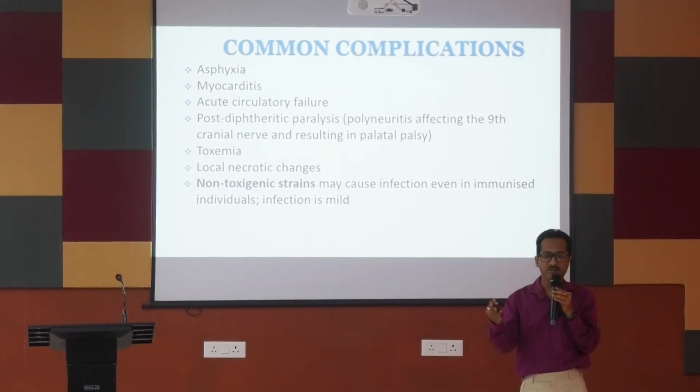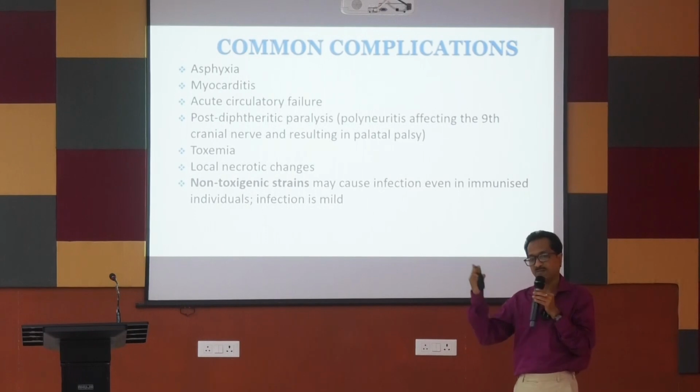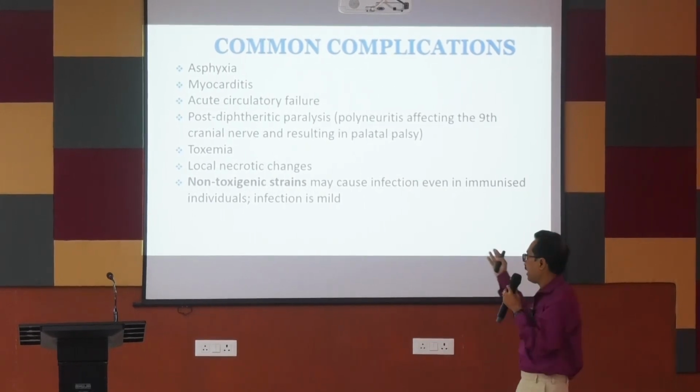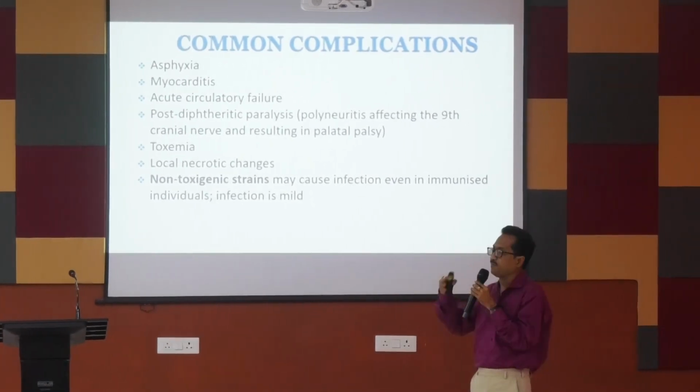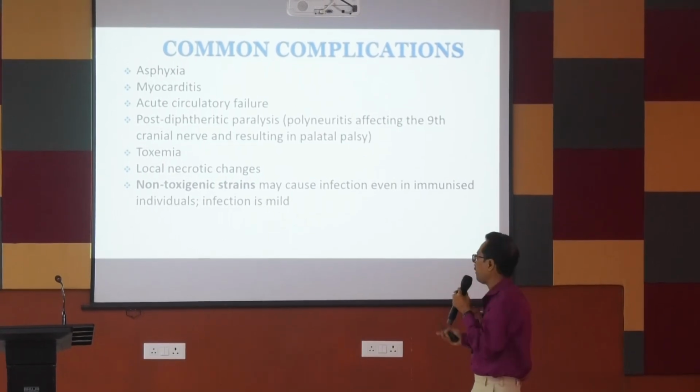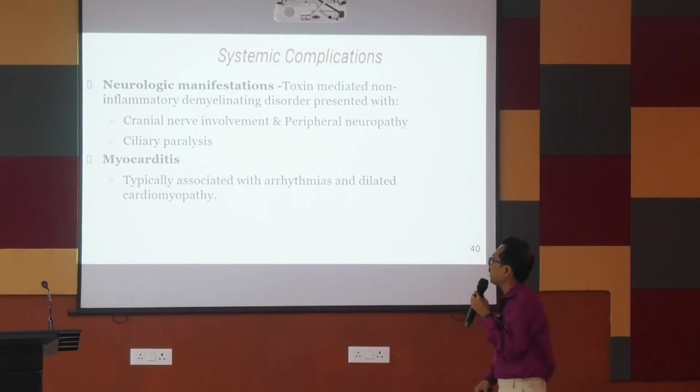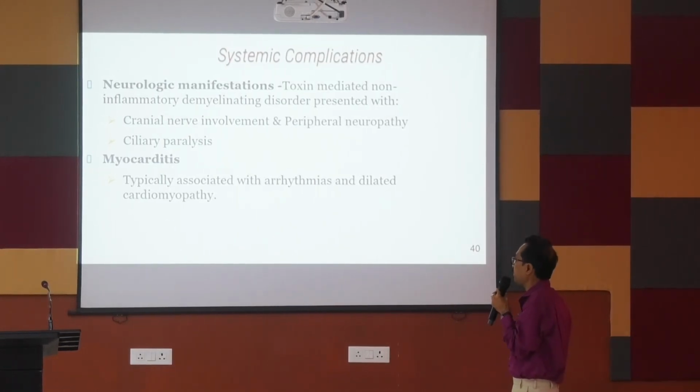There may be other organ involvement, myocarditis, and neurological complications, which can involve the cranial nerves and peripheral nerves as well. Neurologic manifestations are toxin-mediated, non-inflammatory, demyelinating disorders: cranial nerve involvement and peripheral neuropathy.